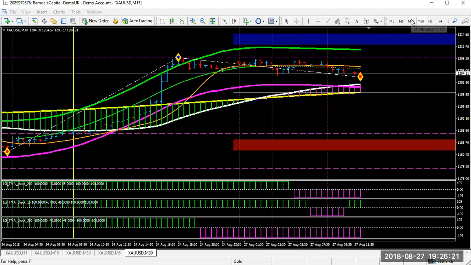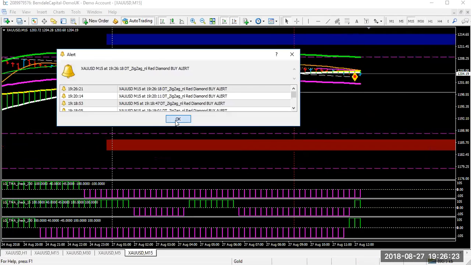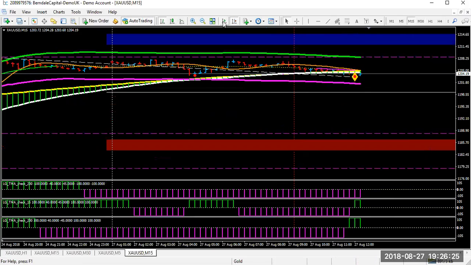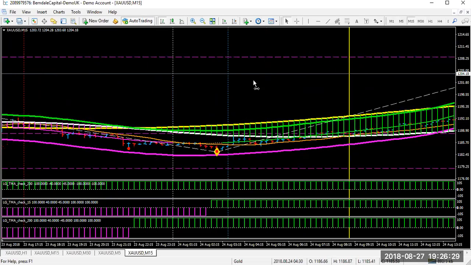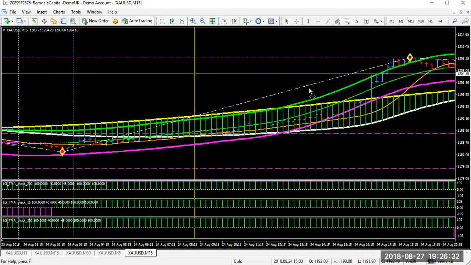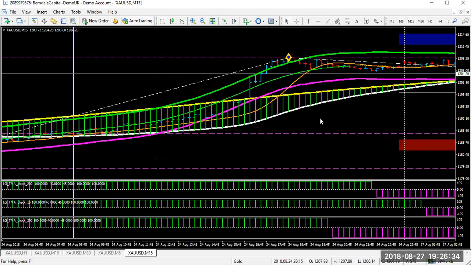Okay, so once there's a confirmation of the vertical line, it really does open the door for visual safe entries, yeah? Because as you can see, here's a vertical line from the 4 hour.